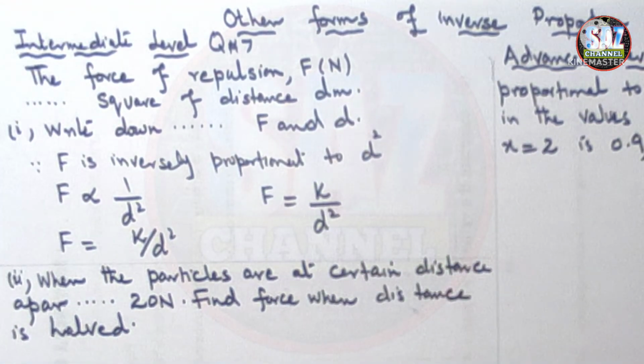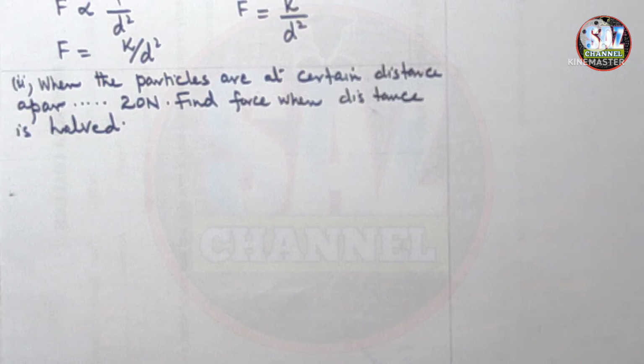Okay, the first part is done, and the second part says when the particles are at a certain distance apart, the force of repulsion is 20 newtons.